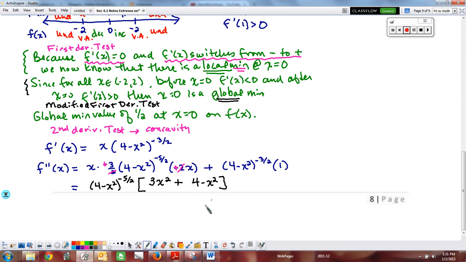So I'm going to omit the parentheses because they're not necessary. And so, in its nice simplified form, we end up with, in the top, 2x squared plus 4 over the square root of (4 minus x squared) to the 5th.